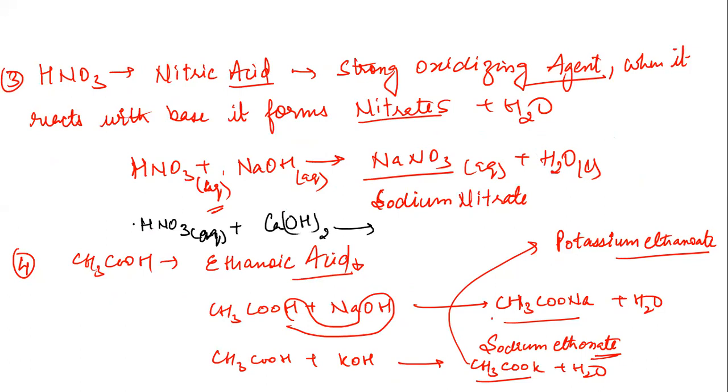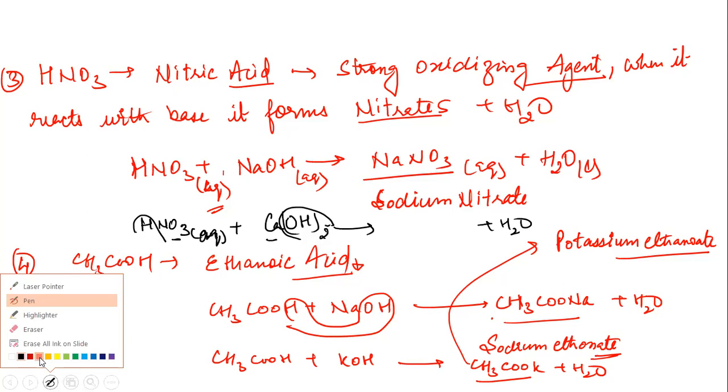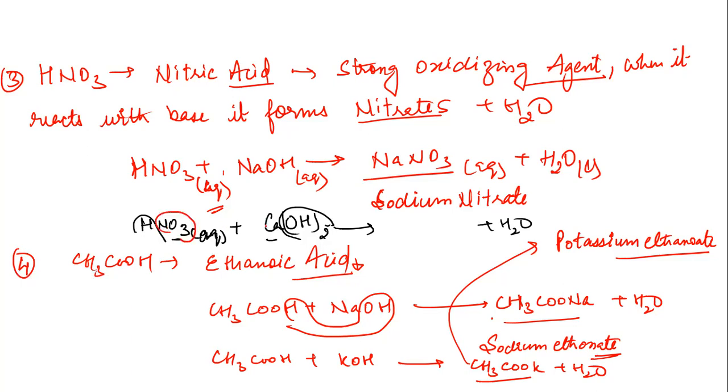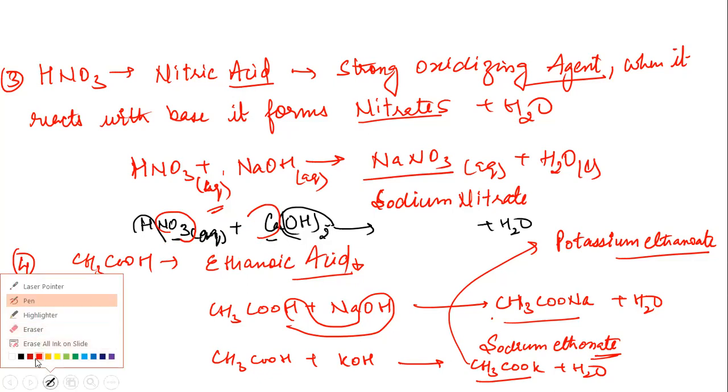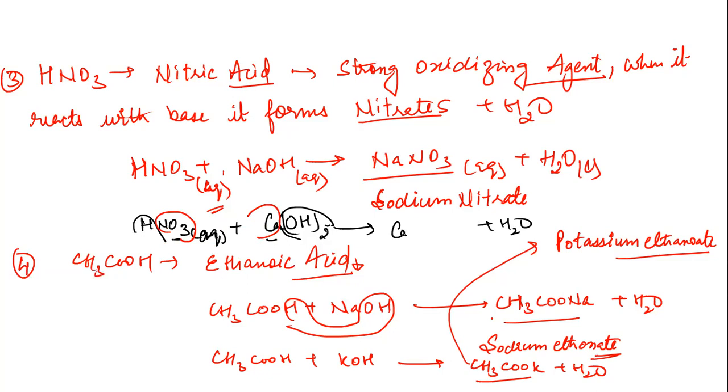Now, how will they react? This H and OH are going to form H2O, and this calcium combines with this nitrate part, and they are going to form Ca(NO3)2. It is calcium nitrate.